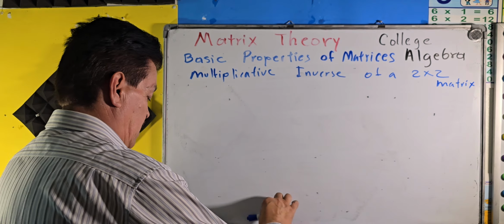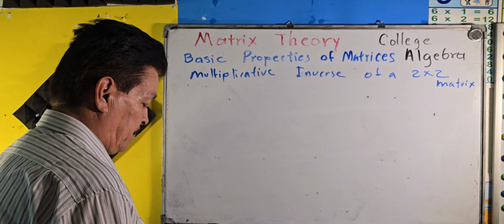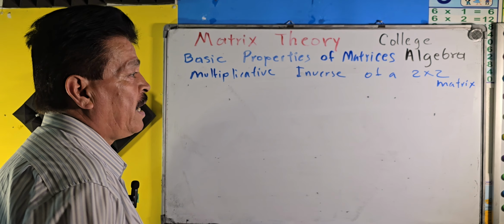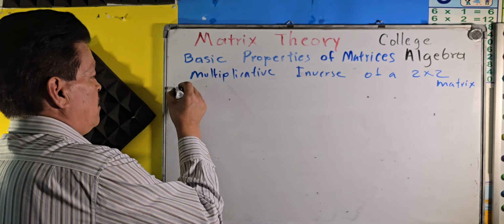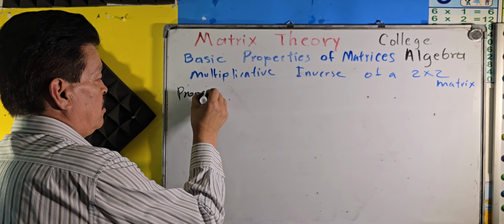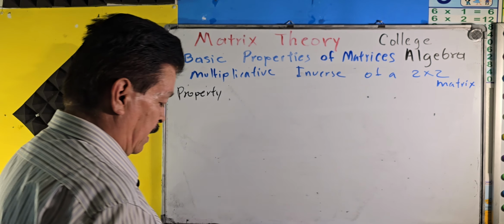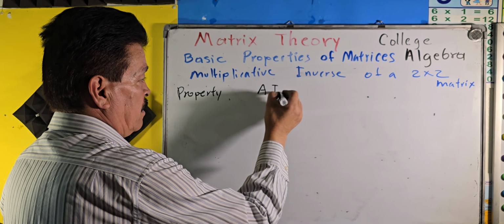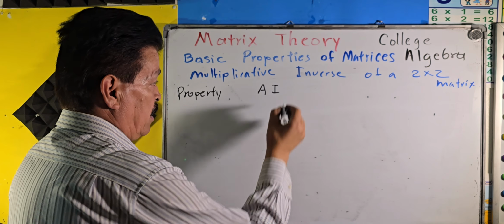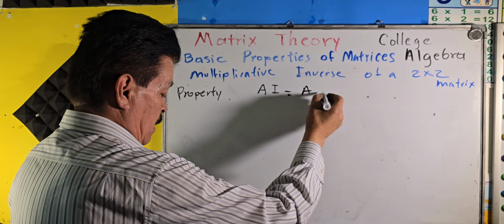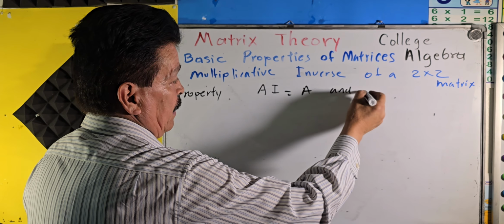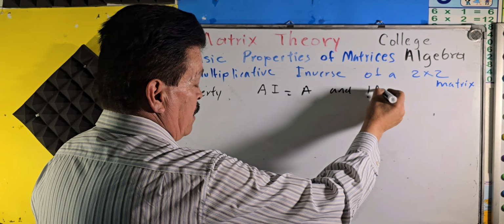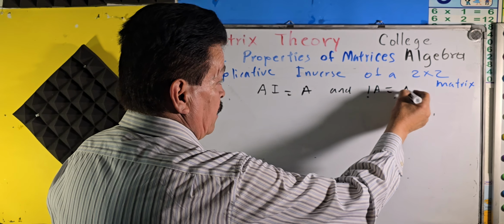So we have some property here. The property: we have the identity. So when we have a inverse equals a, and inverse a, this must be equals a.